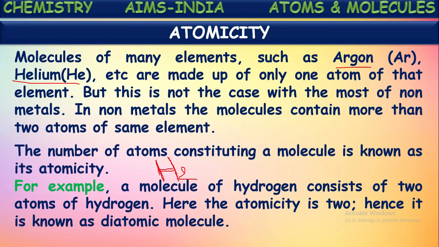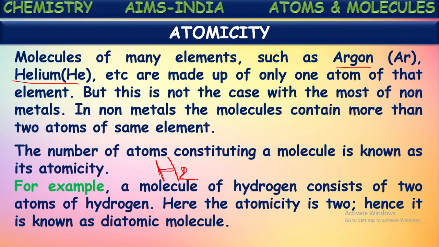So the number of atoms in each molecule of hydrogen represents its atomicity. Atomicity means the number of atoms present in one molecule of an element. So hydrogen exists with two atoms in each molecule. Hence, the atomicity of hydrogen is 2.